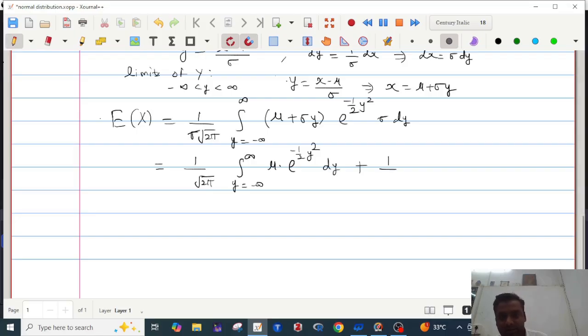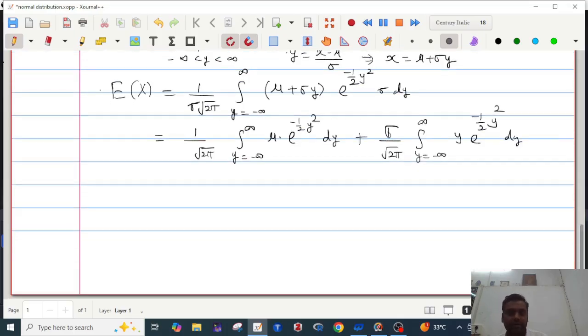plus 1 upon root 2 pi, integration y is from minus infinity to infinity, sigma y. So take this sigma outside here, y into e raised to minus 1 half y square. Okay. So now take this mu as a constant outside.